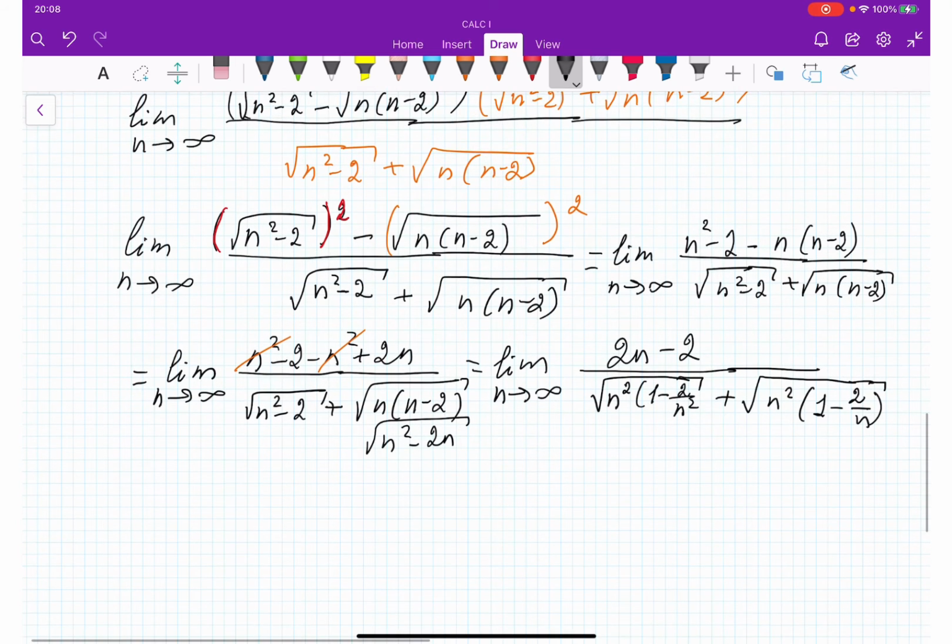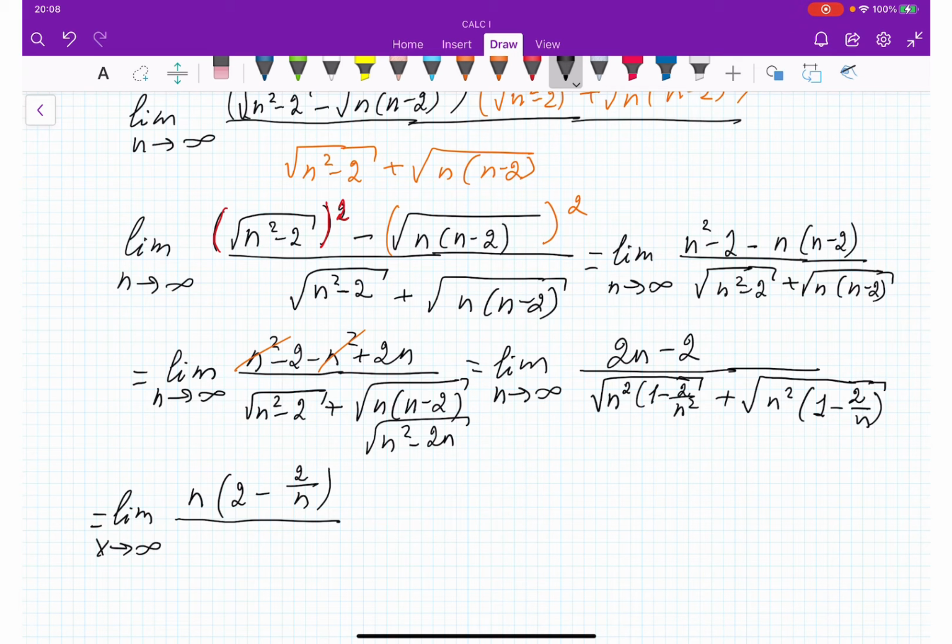So this is equal to the limit as n approaches infinity. From the numerator I'm taking n out, because the way I have it, it's also infinity. So it's going to be 2 minus 2 over n. Because n is infinity, dividing by n converts to 0.